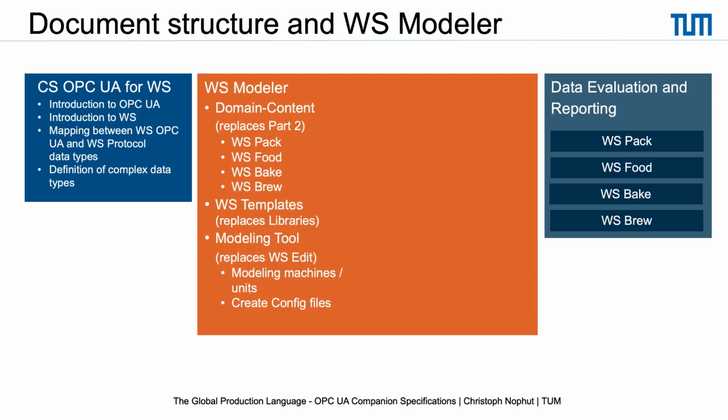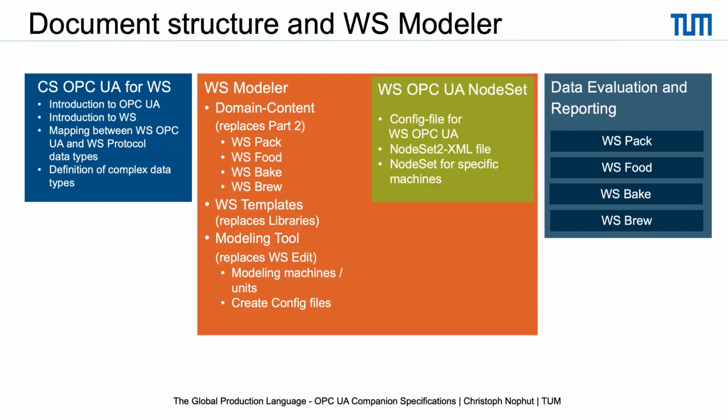One of those types is the WS machine type from the last slide. Within this companion specification and the modeler, you can create a NodeSet file. A NodeSet file is an XML document and describes the information model of a machine.